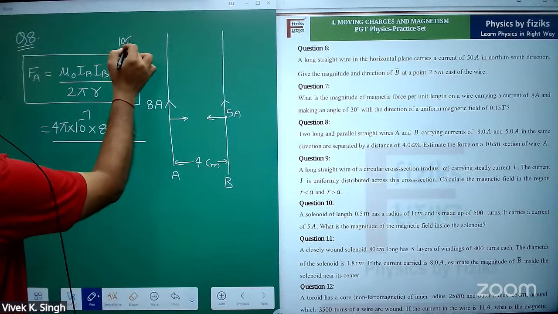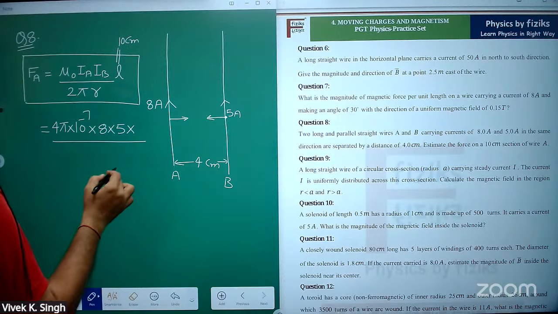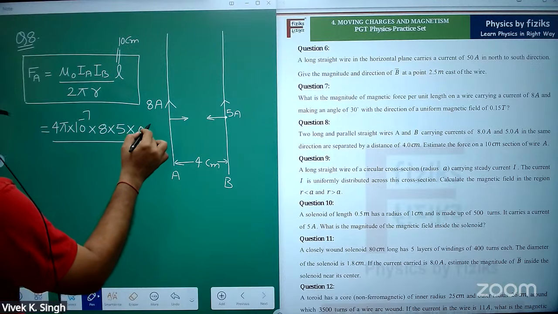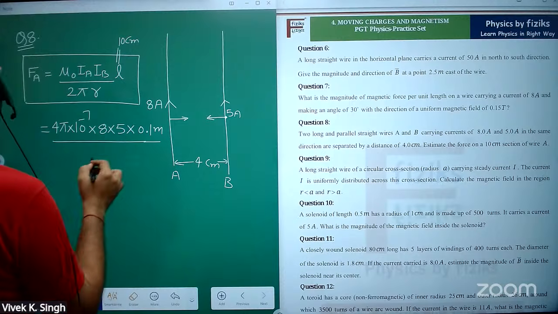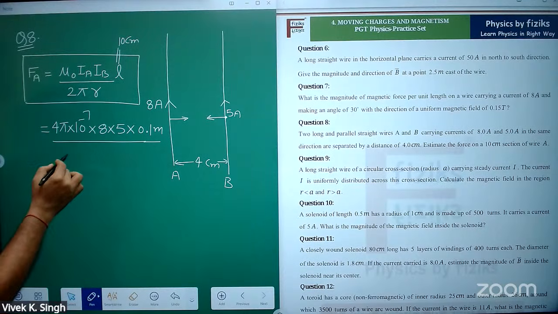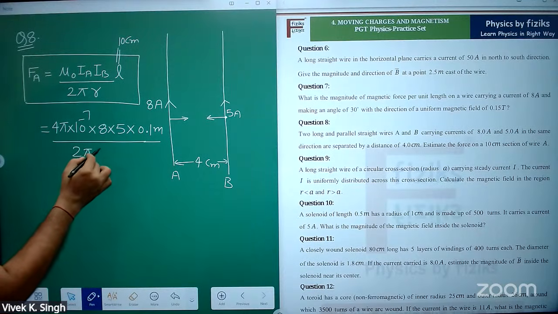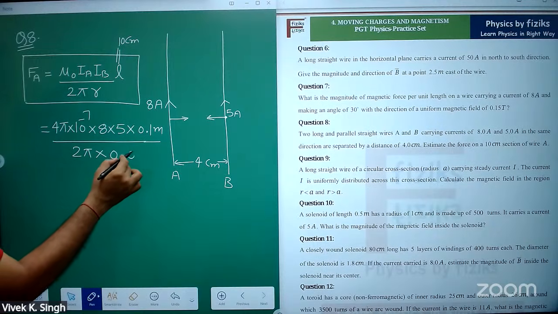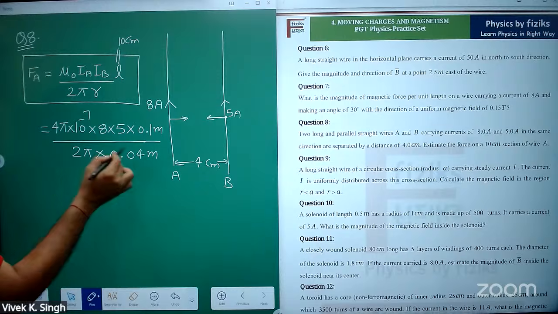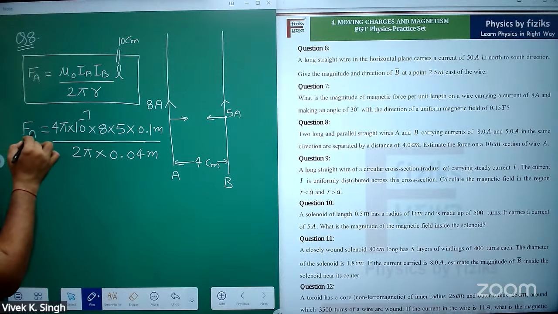This L will be 10 centimeter, and that is 0.1 meter. And this will be 2 pi. R is 4 centimeter, so that is 0.04 meter. So this will be the force.